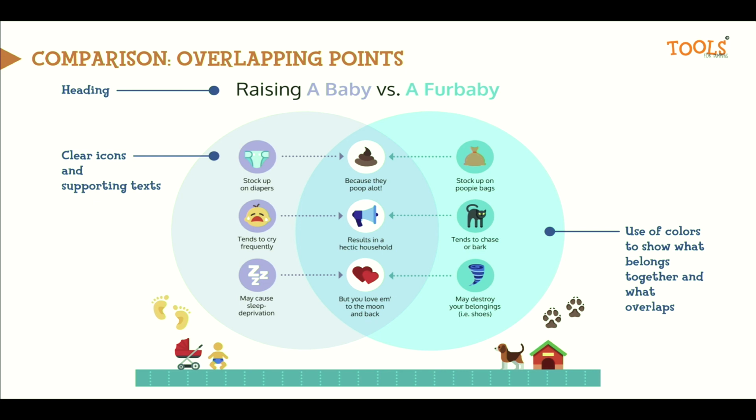So for instance, for a baby you need to stock up on diapers, but a fur baby of course doesn't use diapers, well normally not, so you buy the poopy bags. But why is that? Because they both produce a lot of poop. Yeah. And so they have two more things on which they compare the two. And again, the use of colors to show what belongs together and what overlaps.